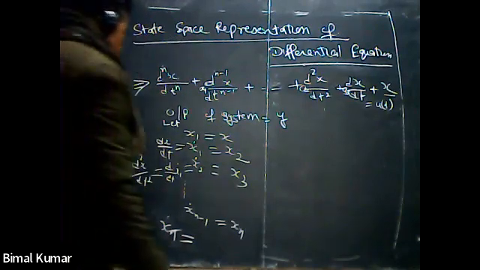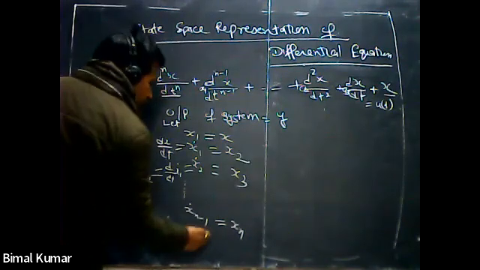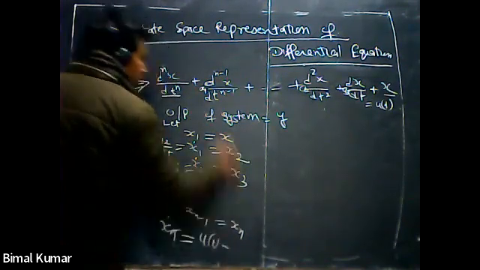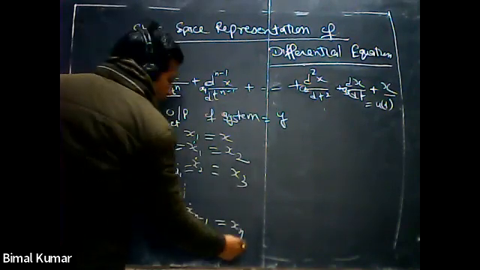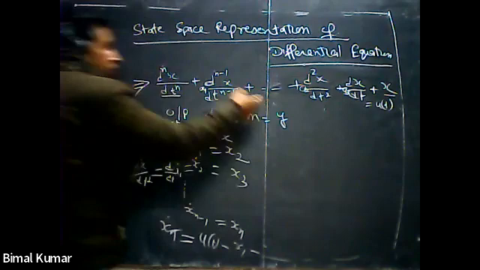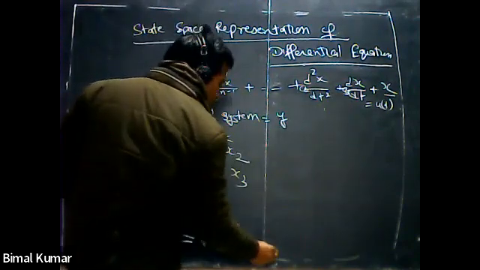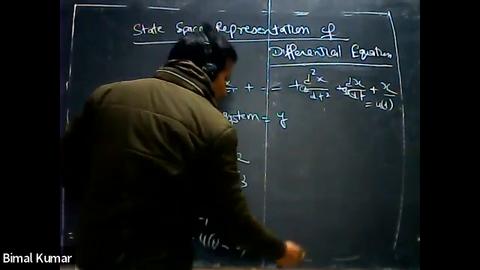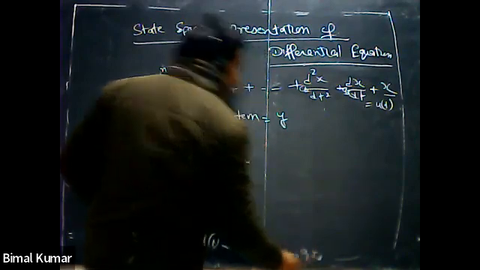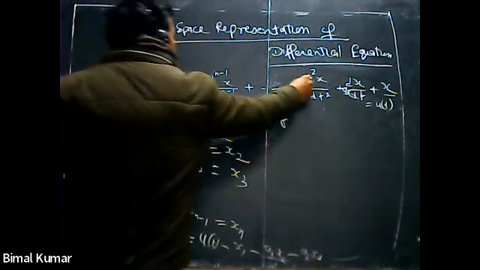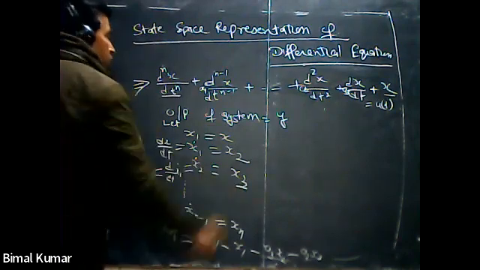So xn dot, that means this term, will be equal to u(t) minus all the terms moved to the other side: x is equal to x1, minus the second term a3 into x2, minus a2 into x3, d2x upon dt square, that will be equal to x3, and so on.